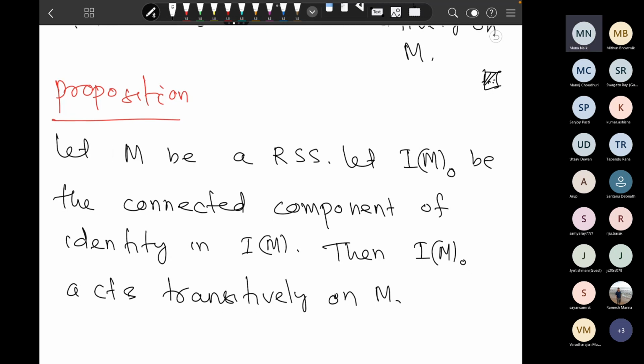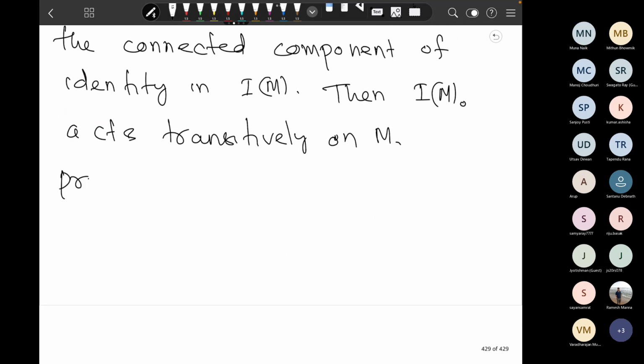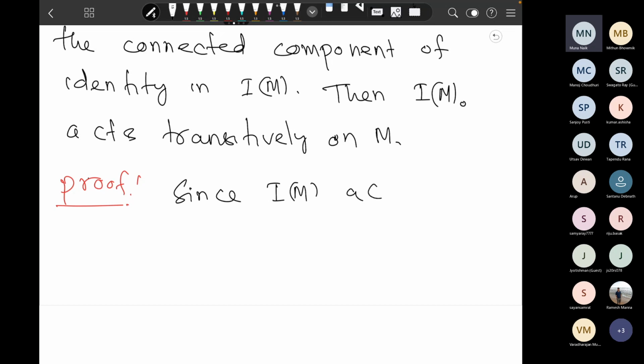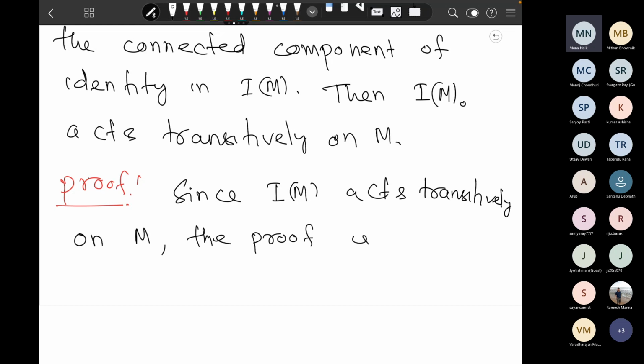This proof is clear from the previous proposition, since I(M) acts transitively on M. The proof is clear from the previous proposition.